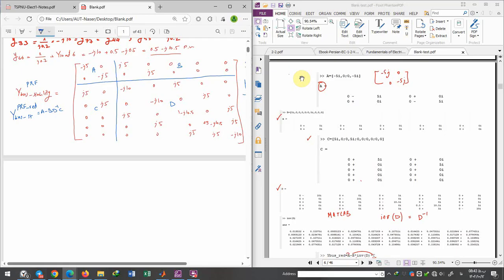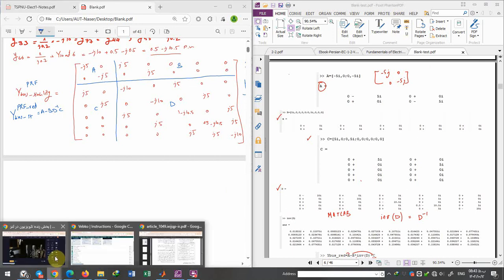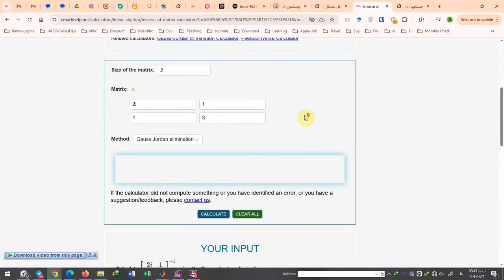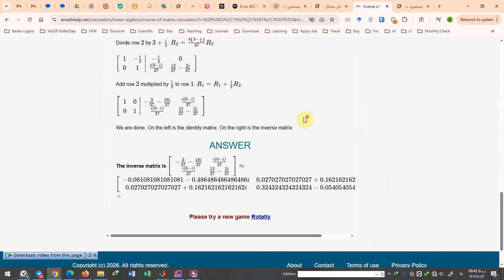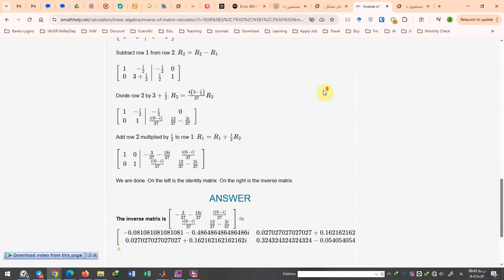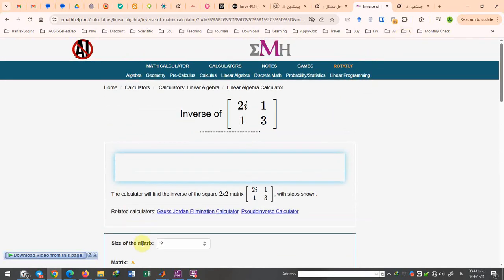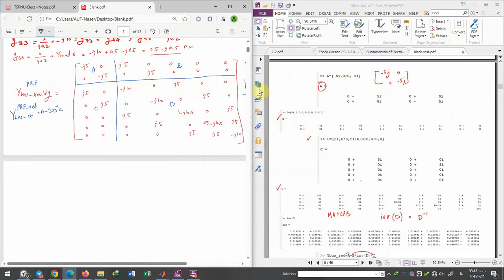MATLAB is a scientific software, and maybe in many sites you can find how to find the inverse of a matrix, or in applications we introduced in the class, an application in mobile for calculating the inverse of a matrix or multiplying matrices.